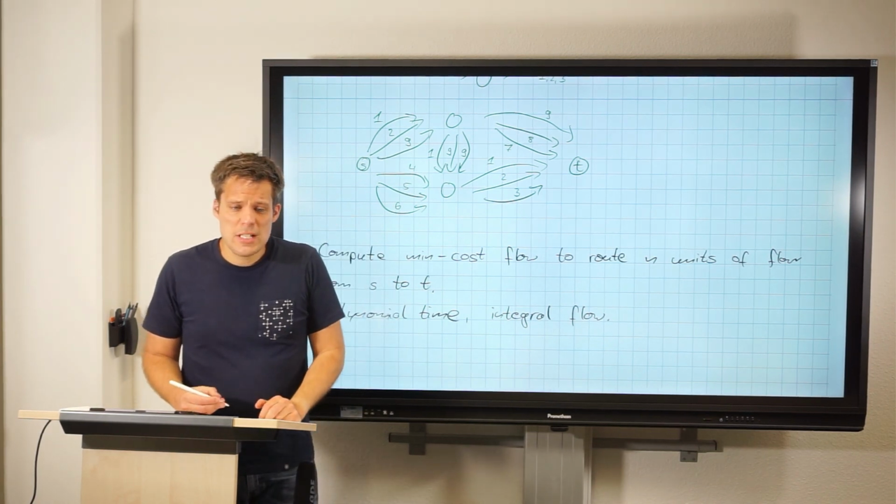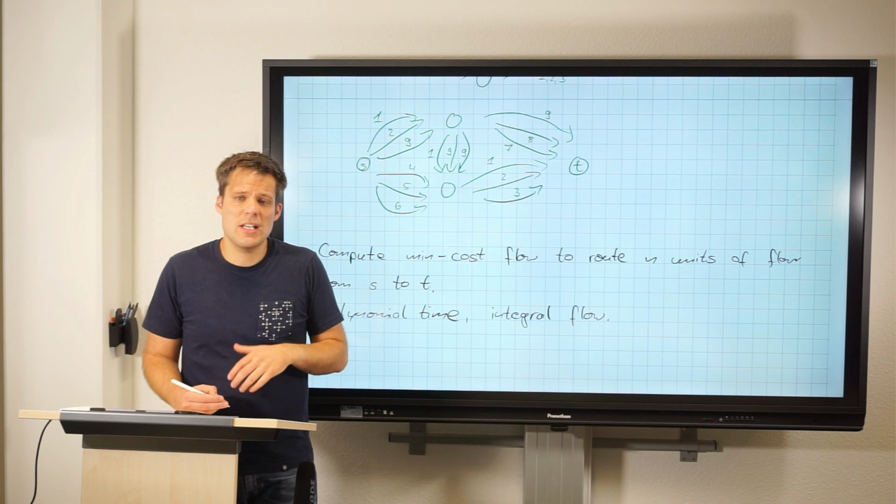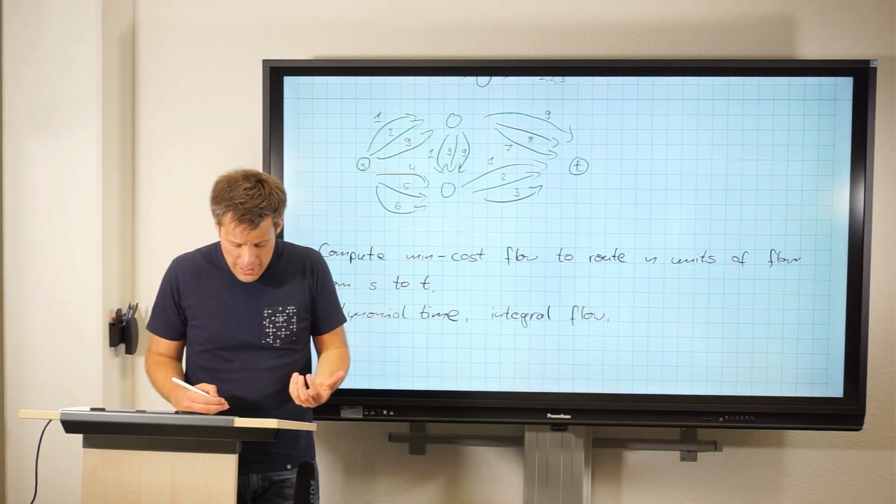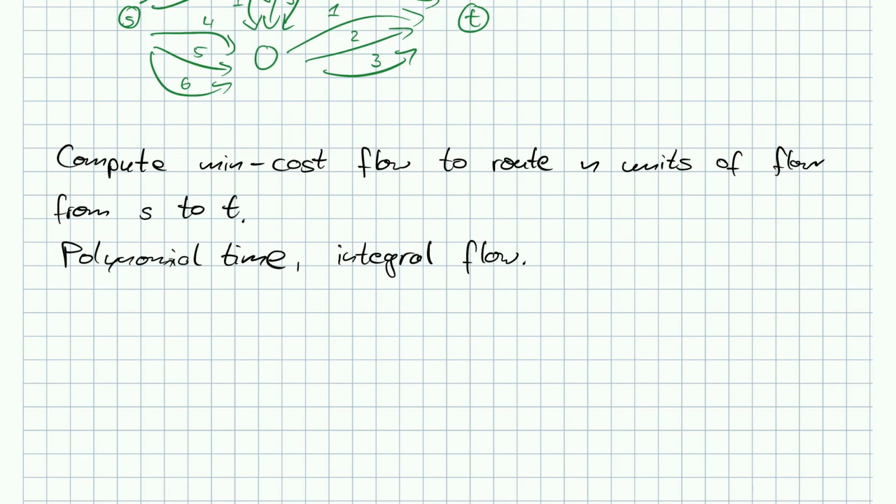What we can now do is we can decompose this flow into n paths from S to T. And these are exactly the strategies that our players will be using.